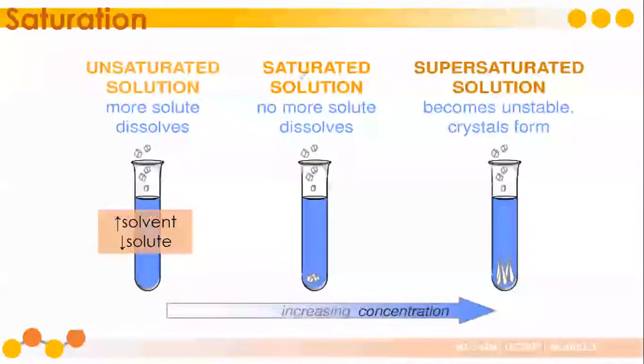An unsaturated solution is a type of solution that has less solute than the saturated solution, one that completely dissolves the solute, leaving no remaining substances. Because it has less solute and more solvent, which does the dissolving, more solute dissolves.